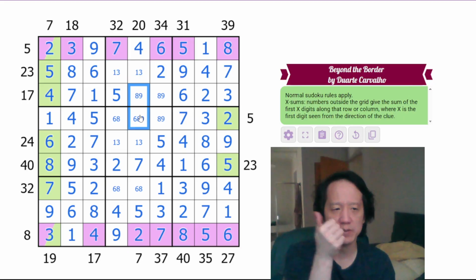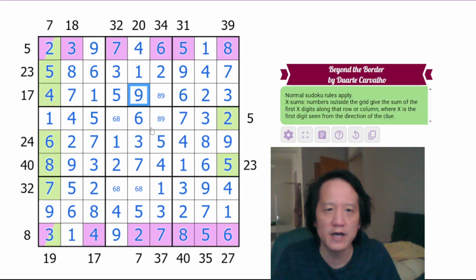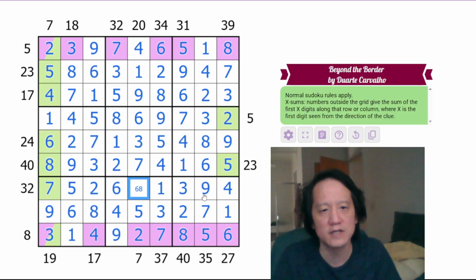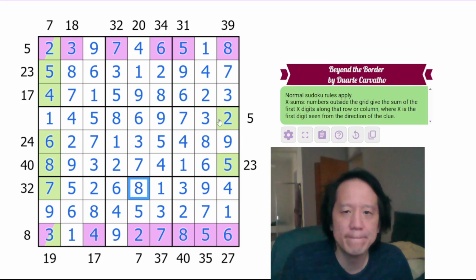You have a minimum of 6 and 8 here. So this must be 4, 1, which makes this 3, which makes that 1, which makes that 3. And this has to be 6 and 9, adding up to 20. Which makes that not 9, so it's 8, which makes that 9. This 6 eliminates 6 here, so it's 8, 6, and 8. And that's a solution.